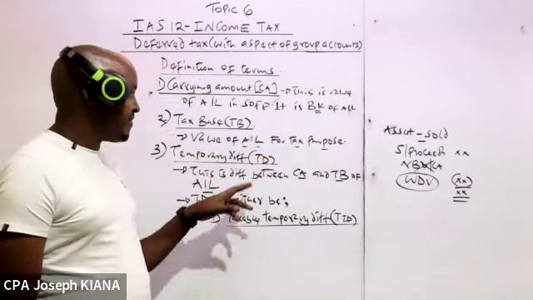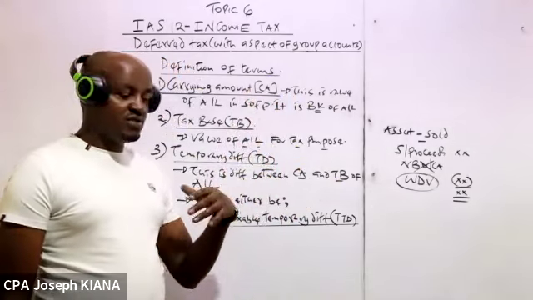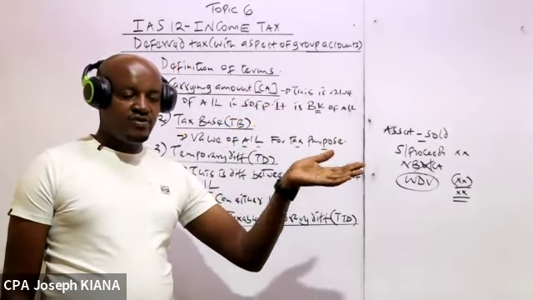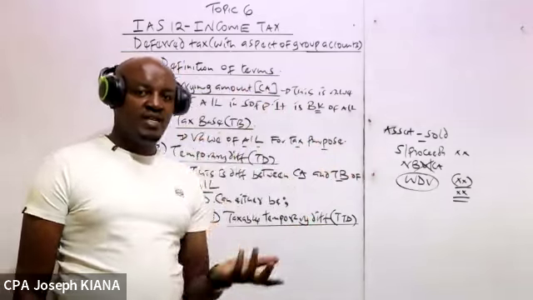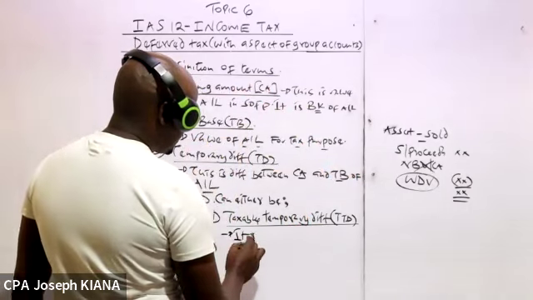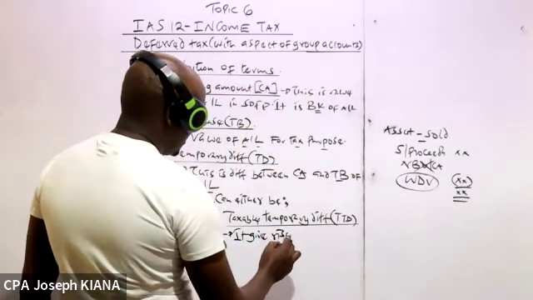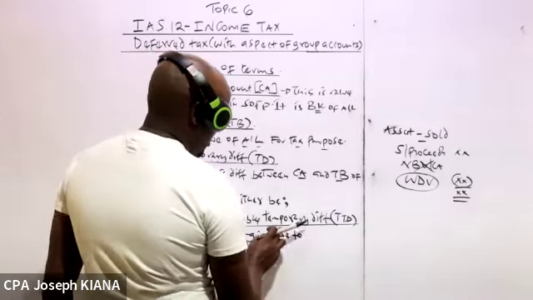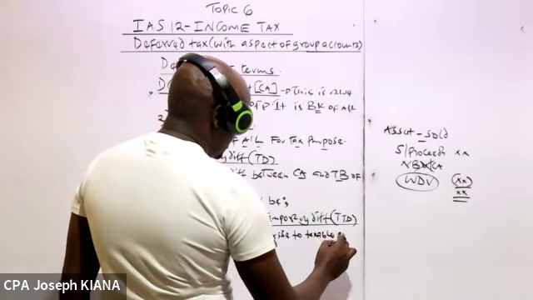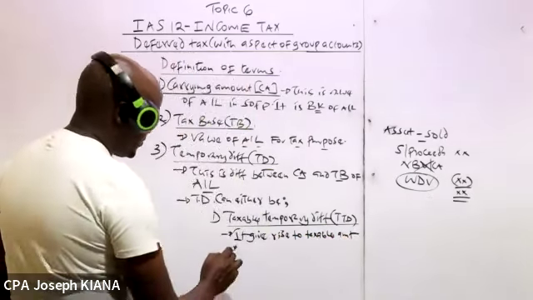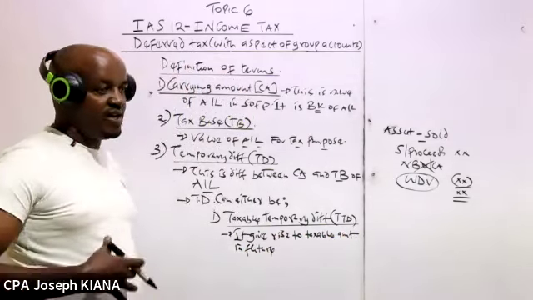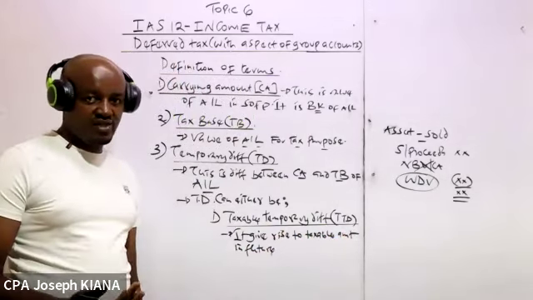It is basically a difference between the carrying amount and tax base of an asset, but this will give rise to an amount to be taxed in the future once the company either sells an asset or settles a liability. So this gives rise to a taxable amount in the future, whenever the company sells an asset or settles a liability.